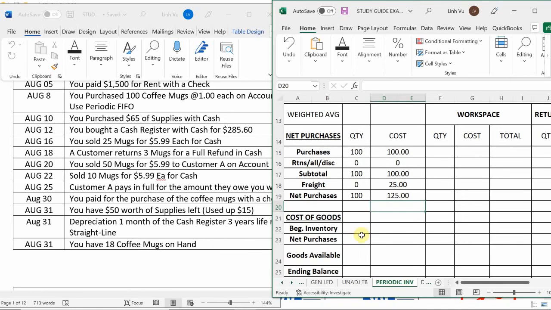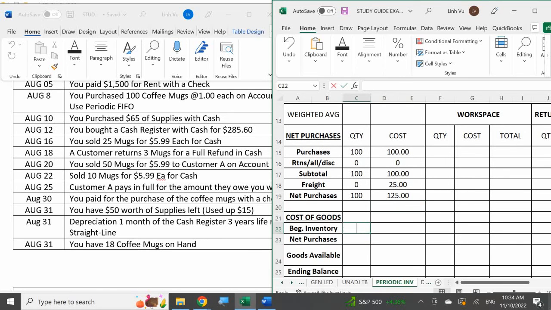We already know no beginning inventory, so my net purchase is 100. That means my goods available is 100.